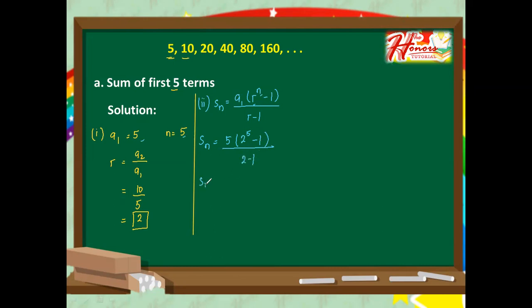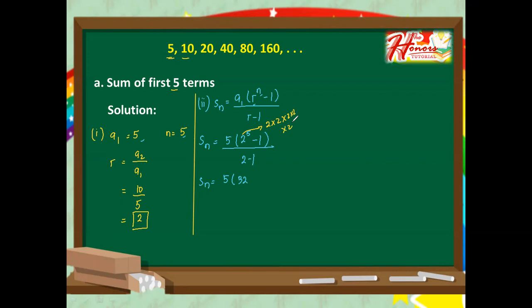So we have here S sub n is equal to 5 times 2 raised to 5, that is 32. Do not directly multiply 2 and 5, okay? This is what 2 raised to 5 means. It means 2 times 2 times 2 times 2 times 2.